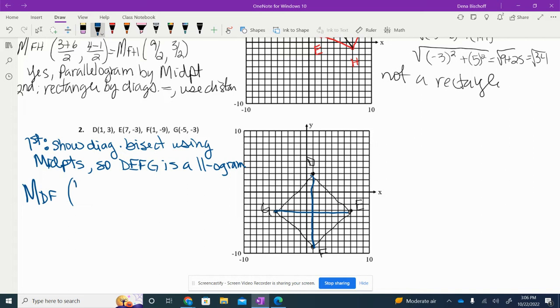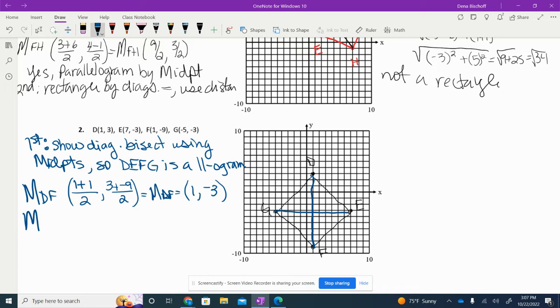So x1, 1, plus x2, 1, over 2, and y1, 3, plus y2 over 2. So the midpoint of DF is 2 over 2 is 1, and 3 and negative 9 is negative 6 over 2 is negative 3.